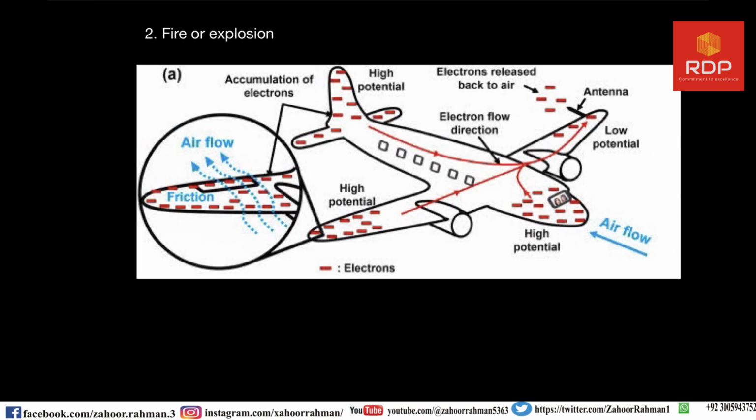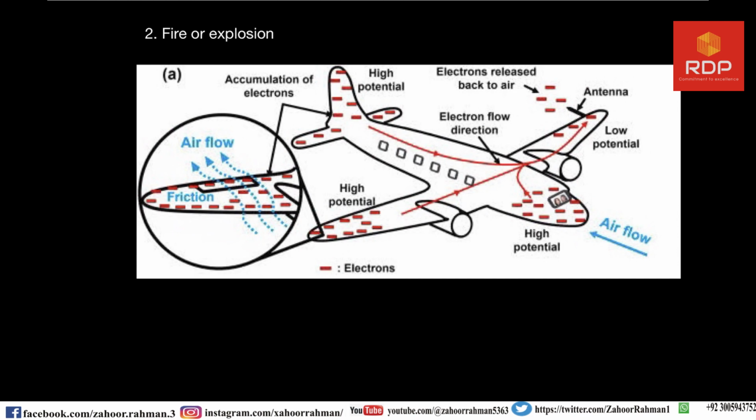Yes, ladies and gentlemen, you can see the aeroplane, and there is a flow of air. When airflow is touching the surface of the airplane, due to the friction the body becomes negatively charged and that charge builds up with the passage of time.